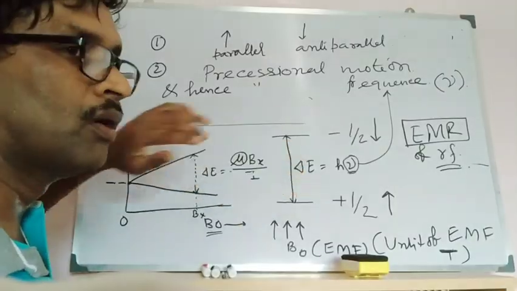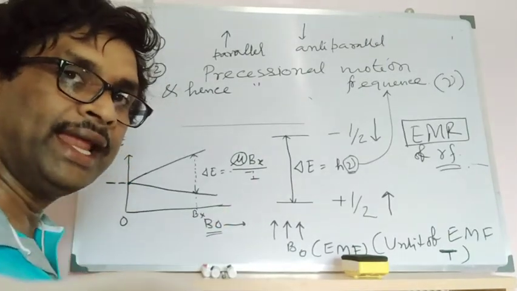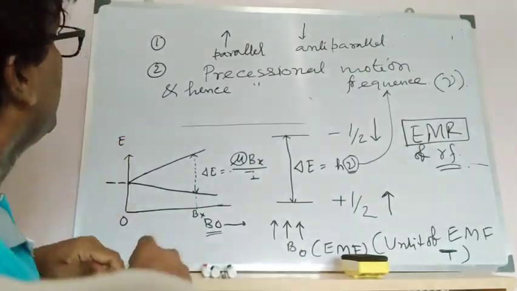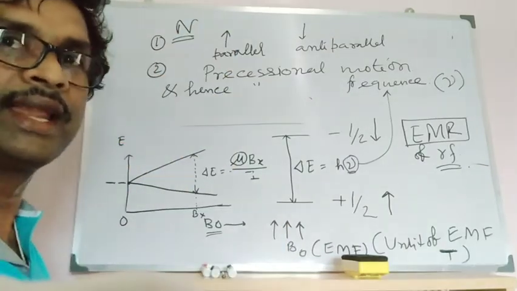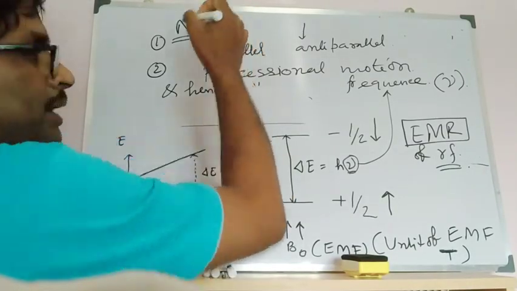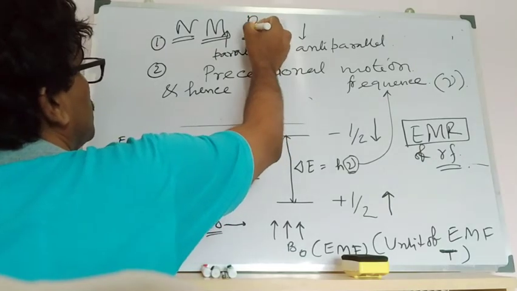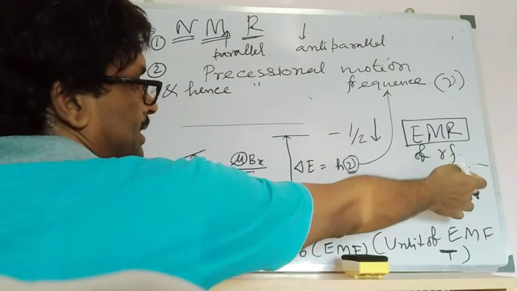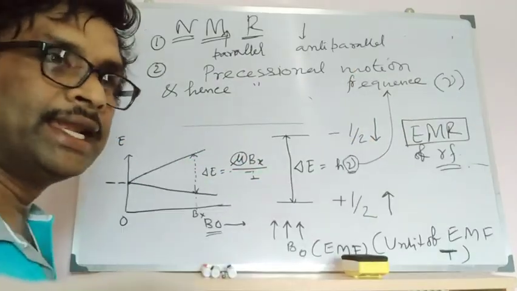This is actually called the resonance situation. Hence the term nuclear, because an NMR active nucleus must be involved there. Magnetic, because there is a strong magnetic field given, and it is called resonance. This resonance is with the external radio frequency and the corresponding precessional frequency generated here.